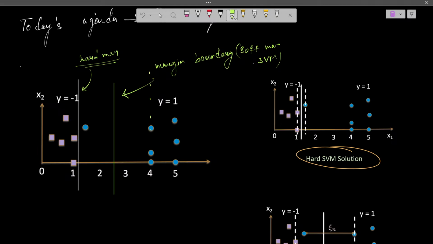We can write it as this, the boundary, and this is the margin, and these points are actually support vectors.